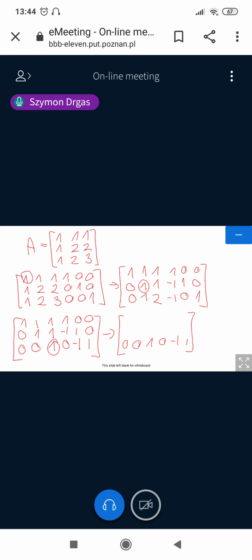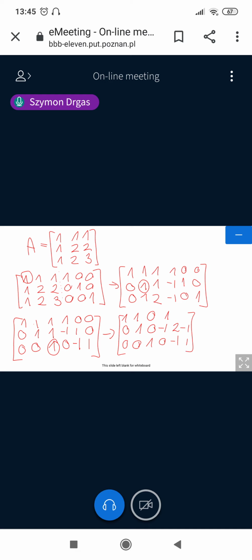Then we have to subtract the third row from the second row, so it will be 1, 0, 1, 0, negative 1, 2, and negative 1. And we need also to subtract the third row from the first row, so it will be 0 here.